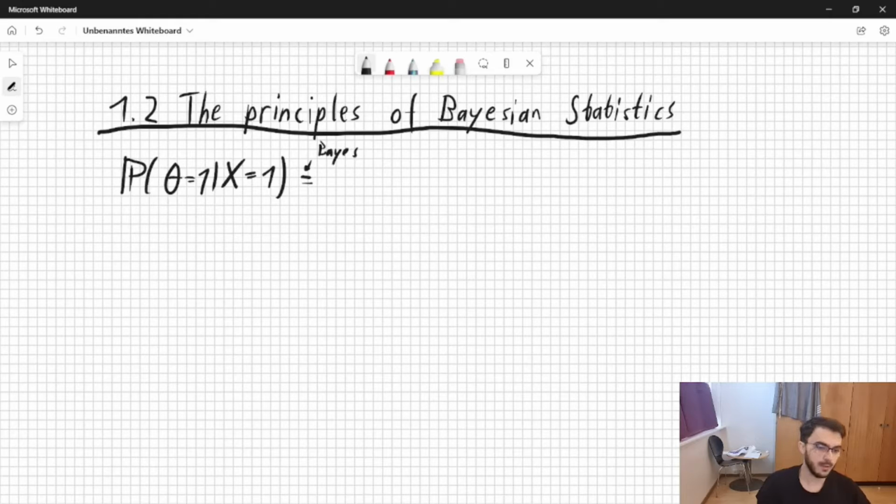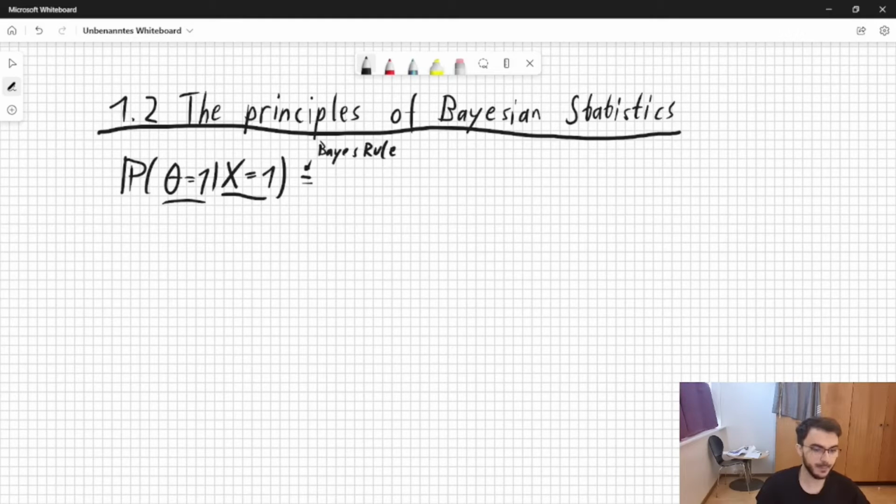Bayes' rule also has the same name as this whole topic, and it's definitely the key to inverting probabilities, because here, why do I say inverting? Because we know x and we want to know something about theta, while actually if we know theta, we do know the distribution of x.